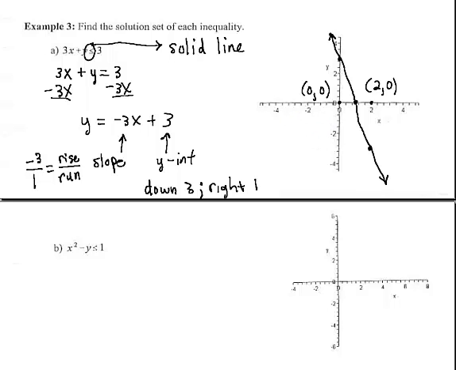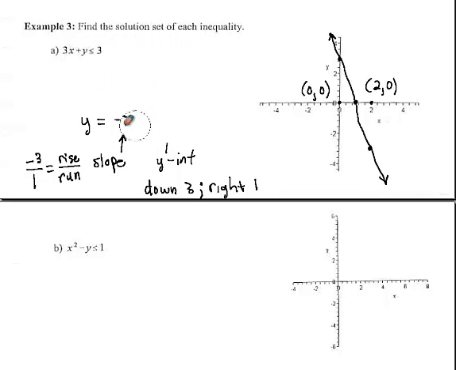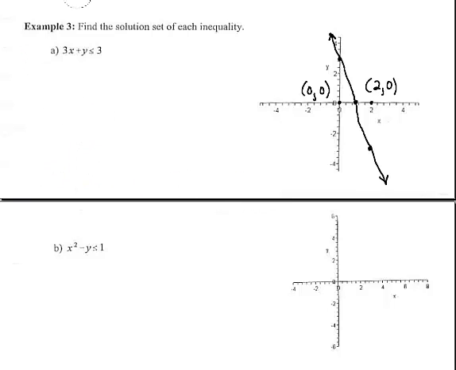Alright, so we go back to our original inequality, and I plug in these coordinates. We only really have to do one, because if one works, then it's the solution.